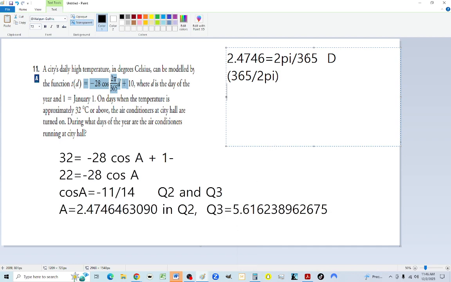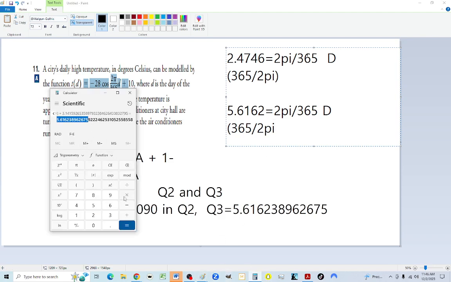Let's do the second one first because it's in the calculator. We're going to take 5.6162. So go to 2 pi divided by 365 d. We're going to multiply by 365 and divide by 2 pi. Way too big.